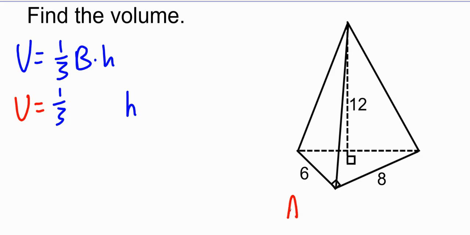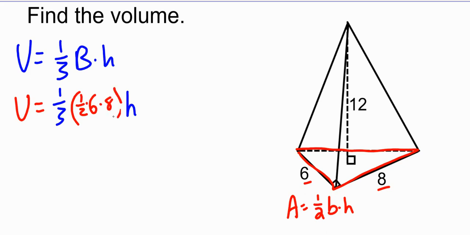Area of a triangle is 1/2 base times height. Well, the base here of this triangle is either 6 or 8, and the height is the opposite one. So that is 1/2 times 6 times 8, and then times the height of this pyramid.